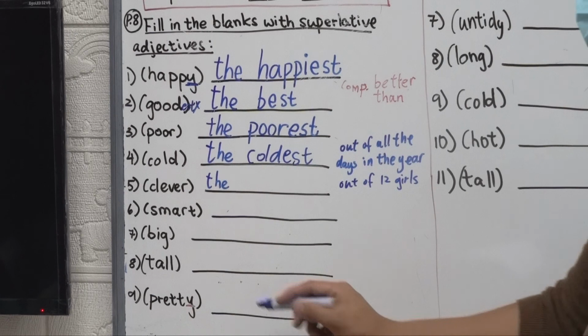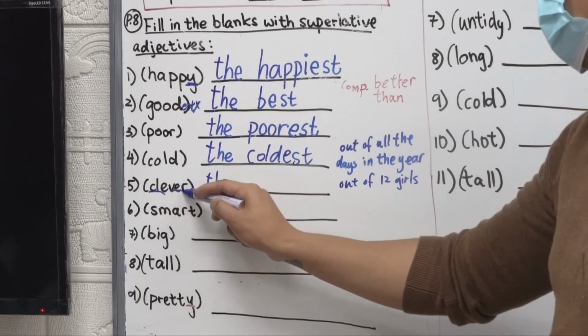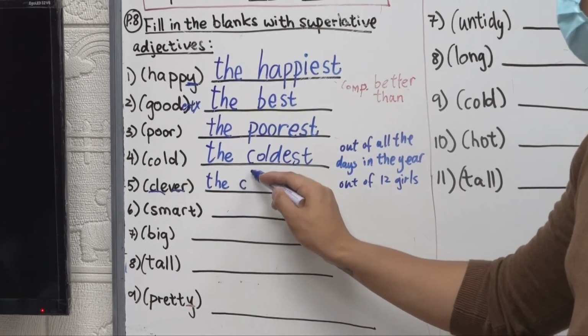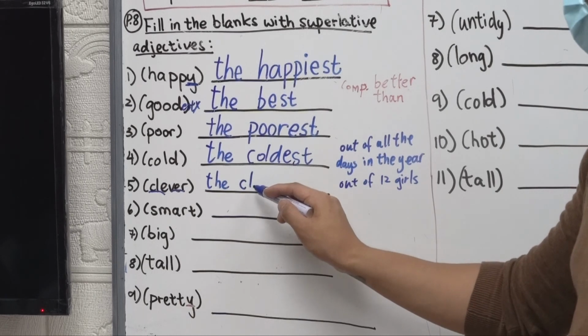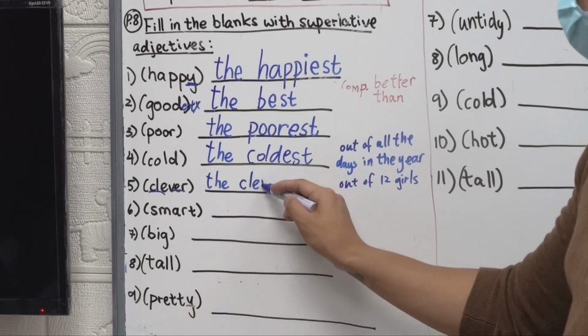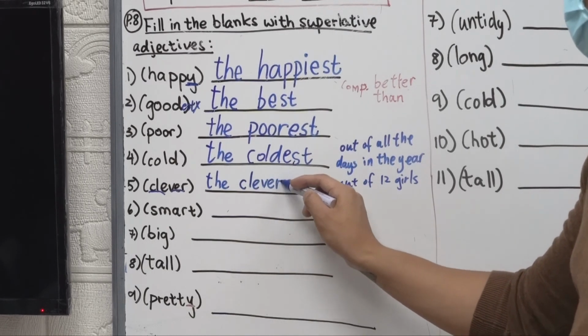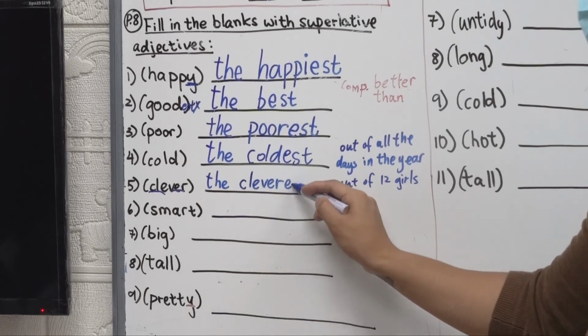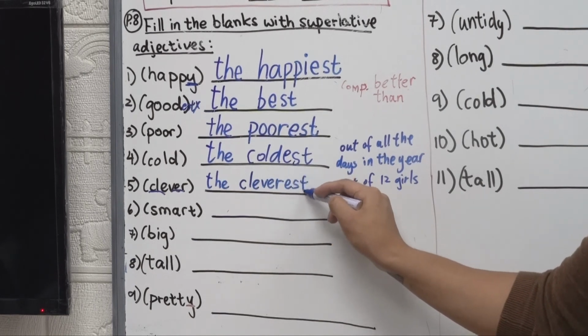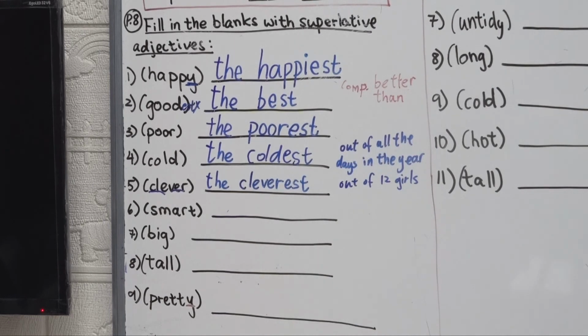How many sounds can we hear in clever? Just 2. So we don't need to put the word most. The clever, and then just put EST. The cleverest. Okay? Out of all the 12 girls in the classroom.